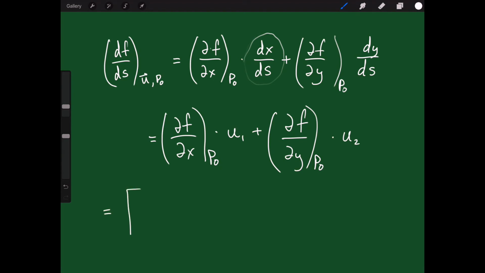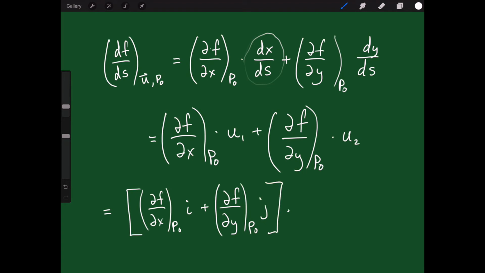What if I took the dot product of two vectors, the first vector being the partial of f with respect to x evaluated at p0 in the i direction, plus the partial of f with respect to y evaluated at p0 in the j direction, and then I take that vector and dot it with my unit vector u1 i plus u2 j.